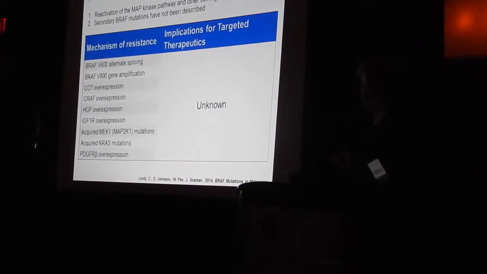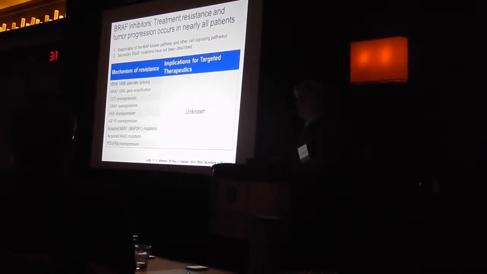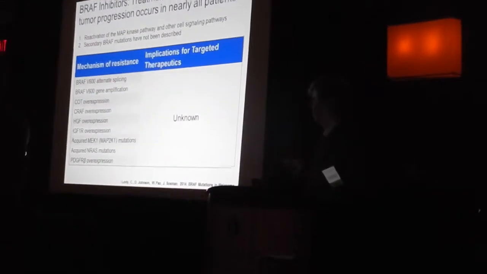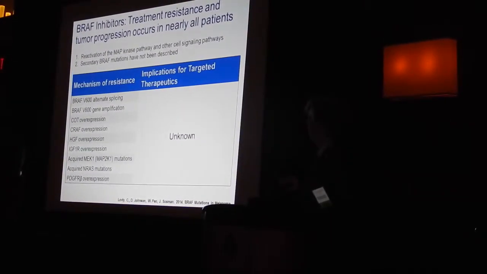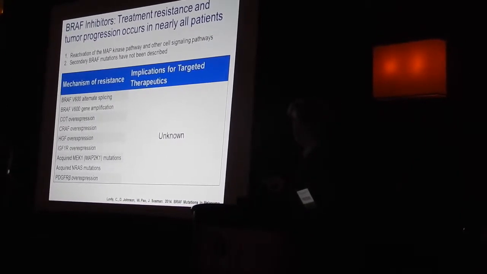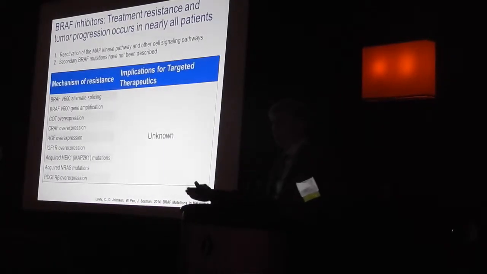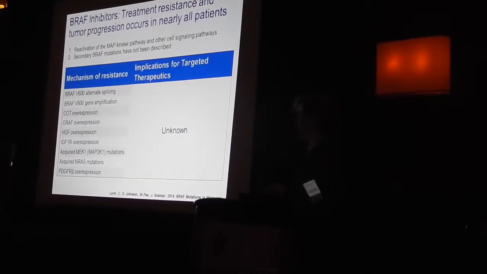But patients who go on these inhibitors invariably become resistant and tumor progression occurs. And this can be anywhere from 6 months to 18 months to 2 years. And the reason for the patients progressing and becoming resistant to therapy is typically due to reactivation of the MAP kinase pathway or other cell pathways that allow you to bypass the inhibition of the MAP kinase pathway.